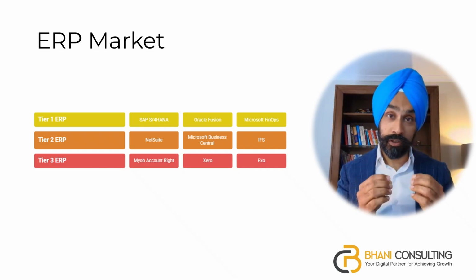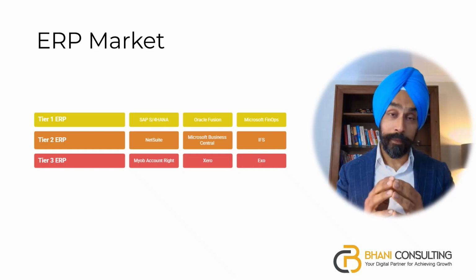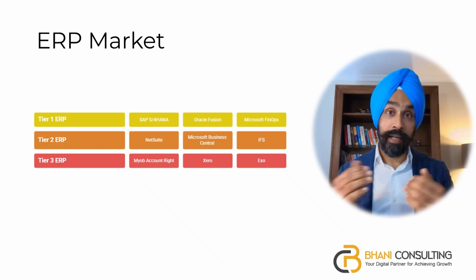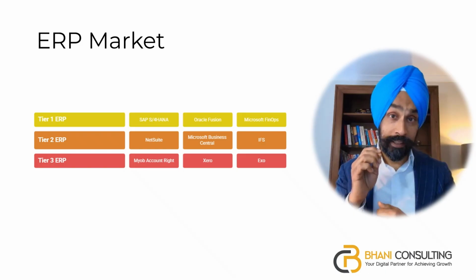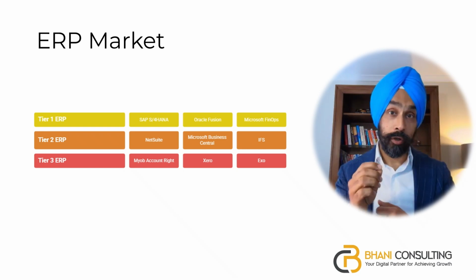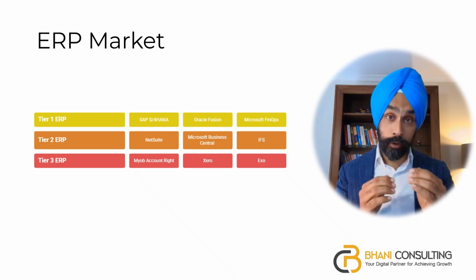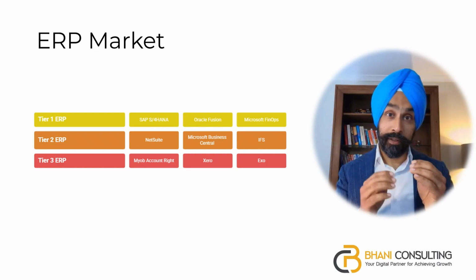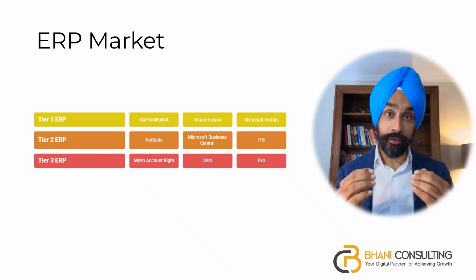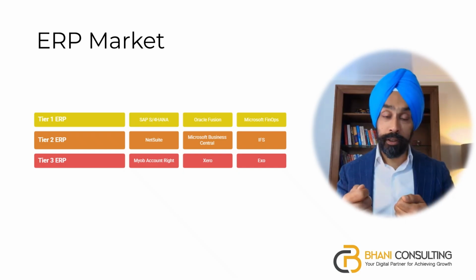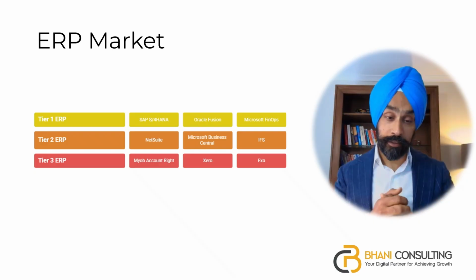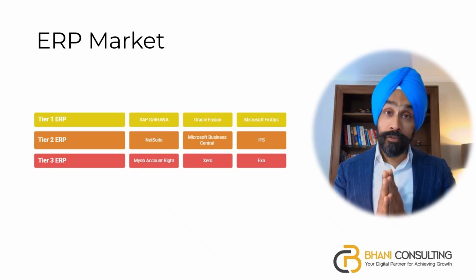The key message here is based upon your complexity and size of the business, identify are you tier 1, tier 2, or tier 3. And then you're looking at the product which is going to be the right size for your business, and then you start comparing SAP with Oracle or SAP with, say, Microsoft FinOps, and you're comparing like for like things. Two things.